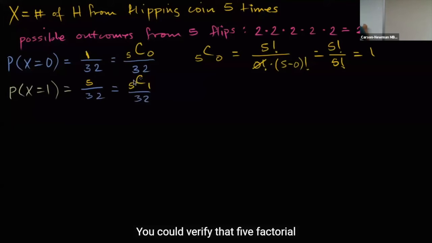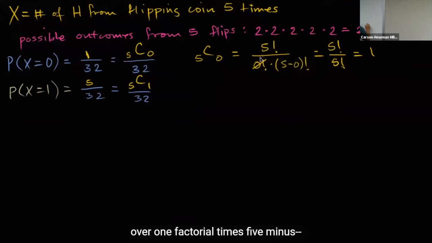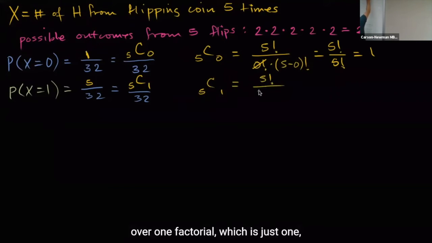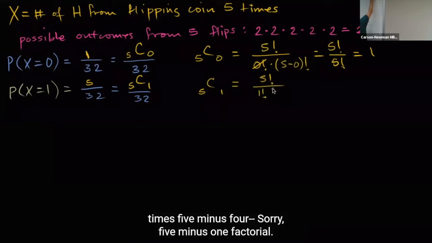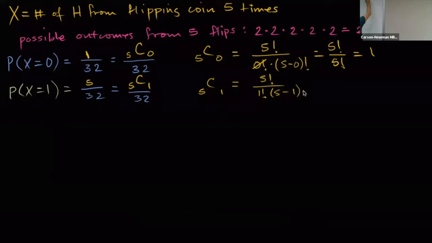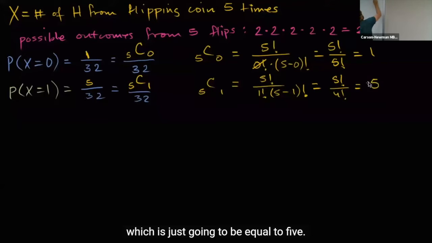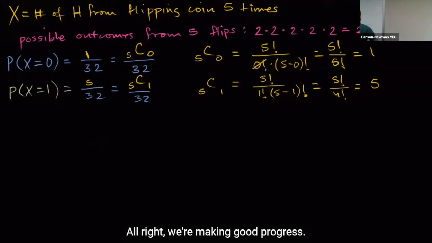You can verify that 5 choose 1 is equal to 5 factorial over 1 factorial, which is just 1, times 5 minus 1 factorial, which is equal to 5 factorial over 4 factorial, which is just going to be equal to 5. All right, making good progress.